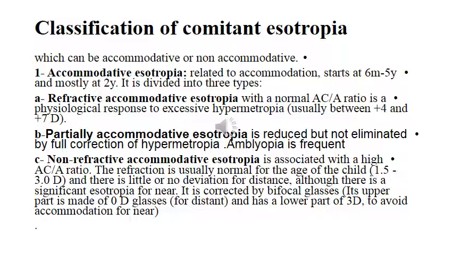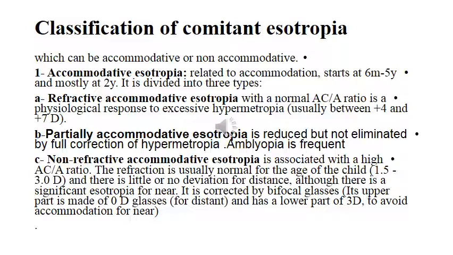What about partially accommodative esotropia? There is hypermetropia, but when we correct the hypermetropia with the glasses, the esotropia is only partially corrected. There is some remaining esotropia with the glasses.